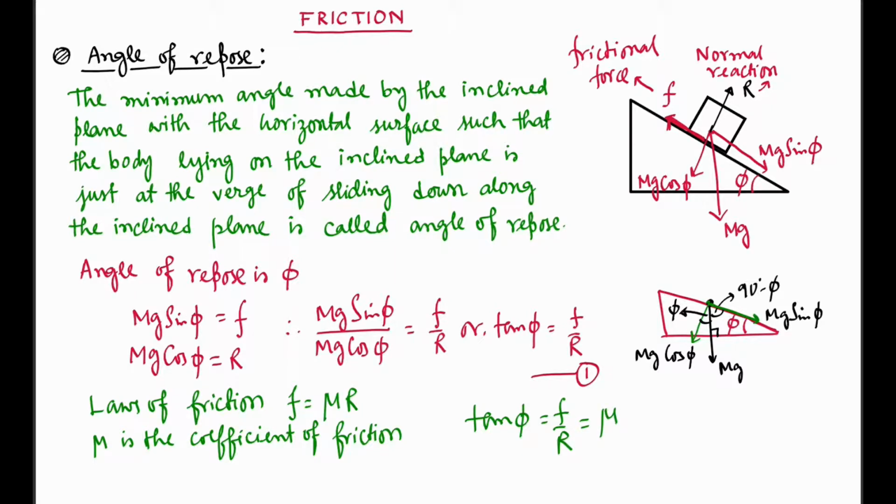From the angle of friction, if theta is the angle of friction, then tan theta is also mu. Therefore, theta is equal to phi. That means angle of friction is equal to angle of repose.